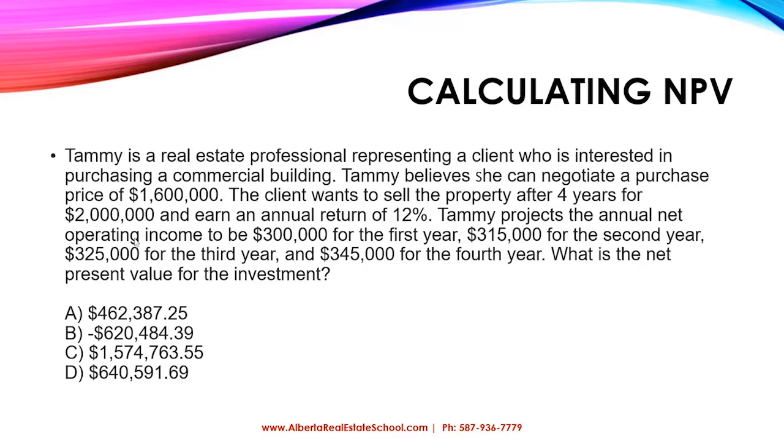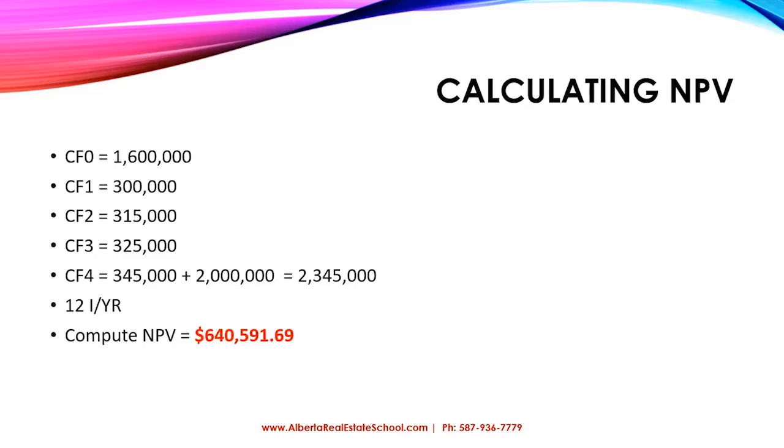So Tammy projects the net operating income to be $300,000 for the first year, $315,000 for the second year, $325,000 for the third year, and $345,000 for the fourth year. So in this case, what is the net present value for the investment? And we have 4 options here. So let's take a look at how we would approach this project.